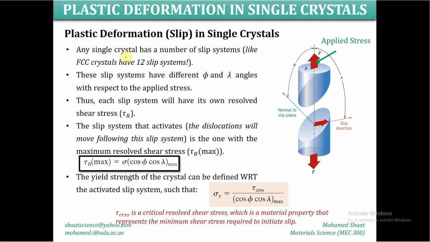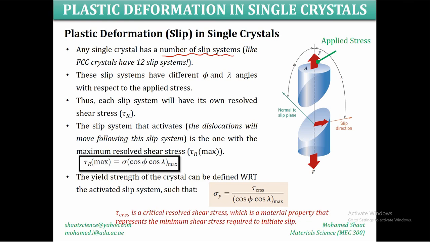Any single crystal has in general a number of slip systems. As we discussed, for example, the FCC crystal structure has 12 slip systems. The BCC crystal structure has either 12 or 24 slip systems, depending on the material type. The same thing for HCP. Here we are talking about a single crystal, which is subjected to a force.